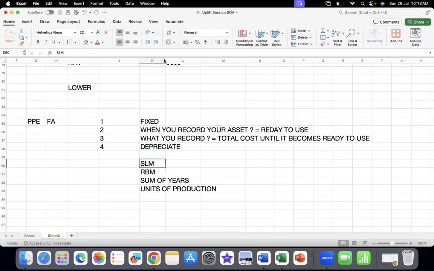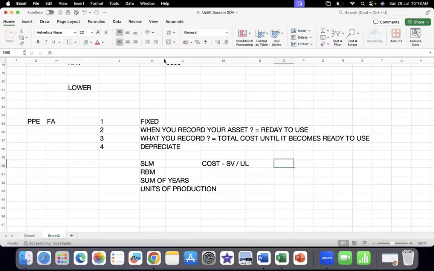The formulas for the straight line method, reducing balance method and sum of years are already there in your notes. You can just have a view on that. But still, if you want me to, I can write it there. For the straight line method, it is cost minus your salvage value, divided by your useful life.